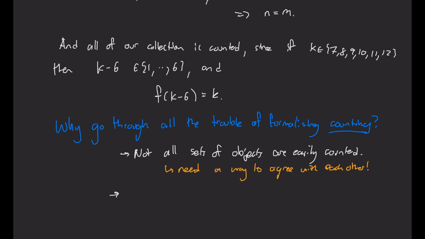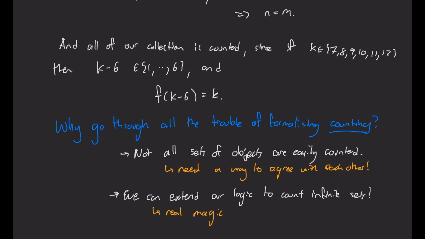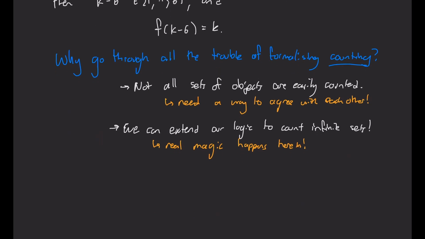And as a second neat consequence, we can extend this definition in our logic to count infinite sets. This is one of my favorite topics in math, counting infinite sets, and there's lots of really amazing stuff that you can do therein.